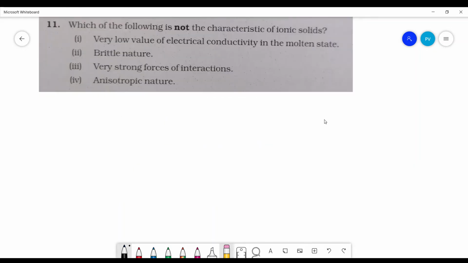Here the question is, which of the following is not a characteristic of ionic solids? First of all, we see ionic solids.